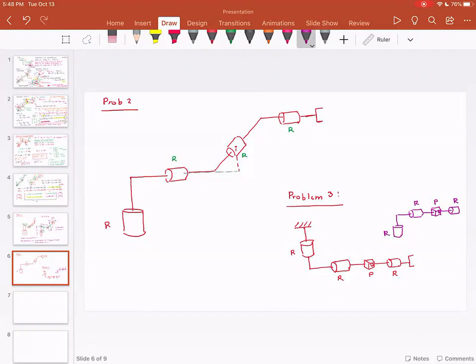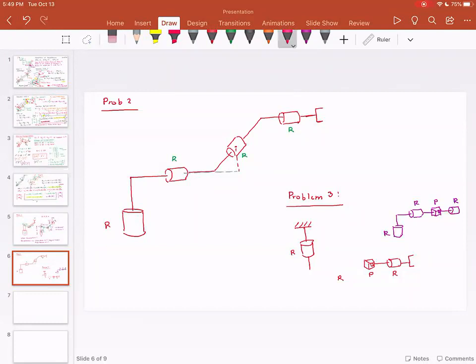Quiz 2 is 30 points. There is only two revolute joint. Where two revolute joint? Let me check problem 3. Oh, RPR, yes.